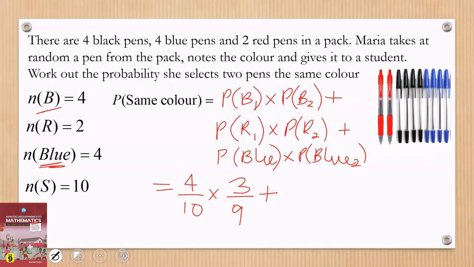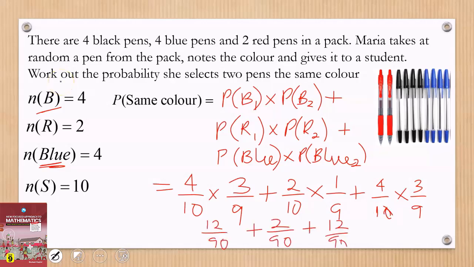Or the first being red means 2/10, and the second will be 1/9. Or the first being blue, which is 4/10, times the second being 3/9. So these are the possible outcomes. So we can do simple calculation here to get our answer.